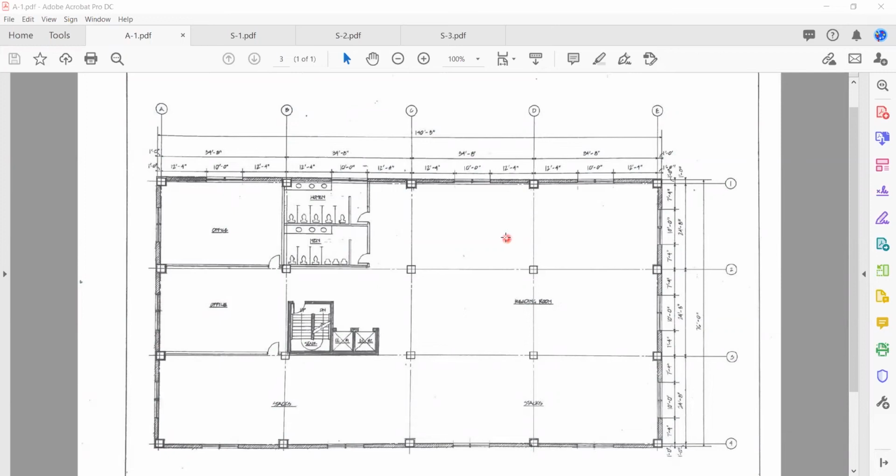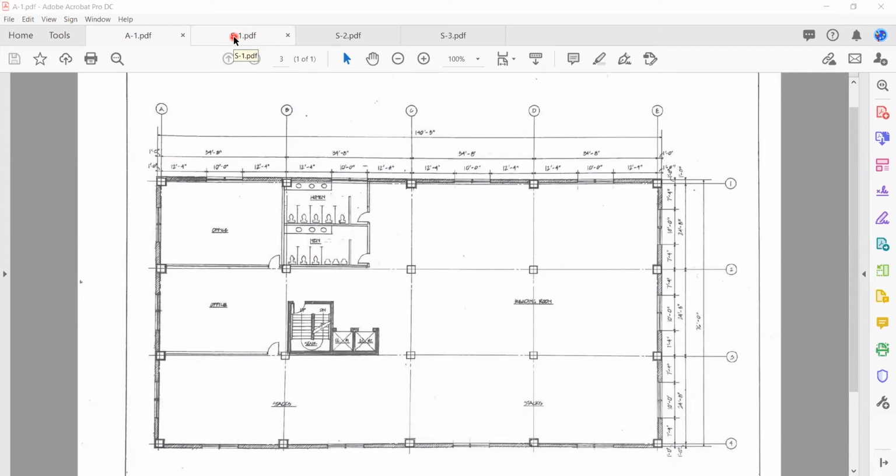But basically the idea with the course was you started with a rather simple plan of a building. I think in this case it was a library. And you do a basic architectural layout, which is what this drawing is. And then you do the calculations to figure out the sizing of the members.